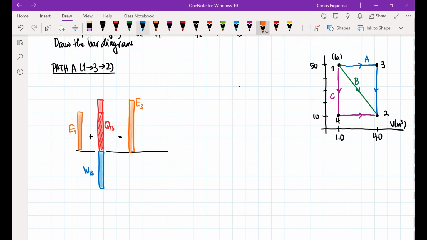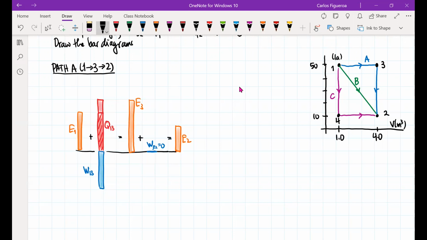I can clearly see right here that there is no work from 3 to 2 because that's 0. So the only way I'm going to decrease my internal energy is to take heat out. So look what I'm going to do. I'm going to say that my final internal energy is only 2 squares. So it's going to look like this now.